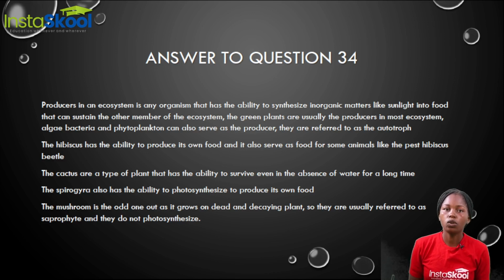This food can sustain them, and they also serve as food to other members of the ecosystem, that is, the consumers. Usually, in an ecosystem, the green plants are the producers, but we can also have the algae, the bacteria, and the phytoplankton as the producers. These producers are also known as the autotrophs.